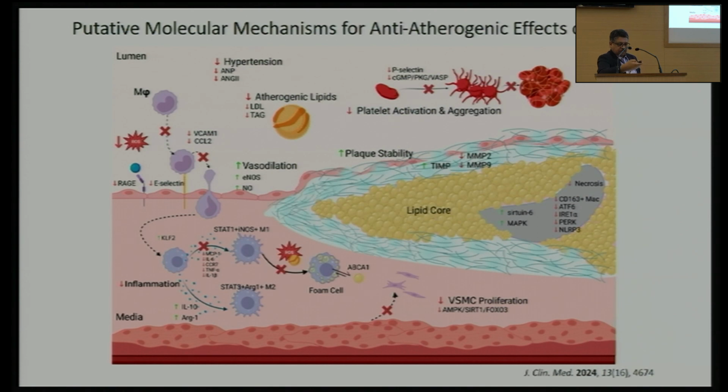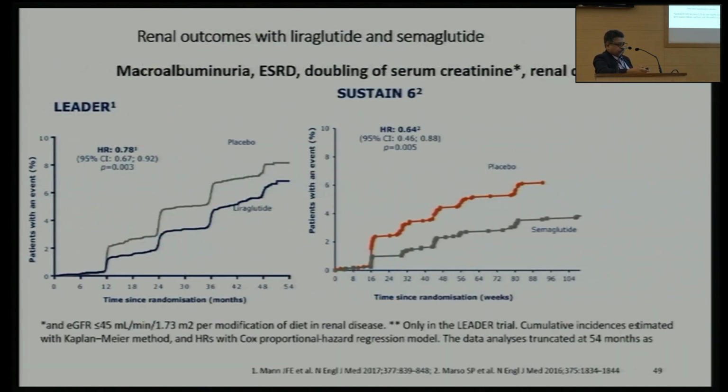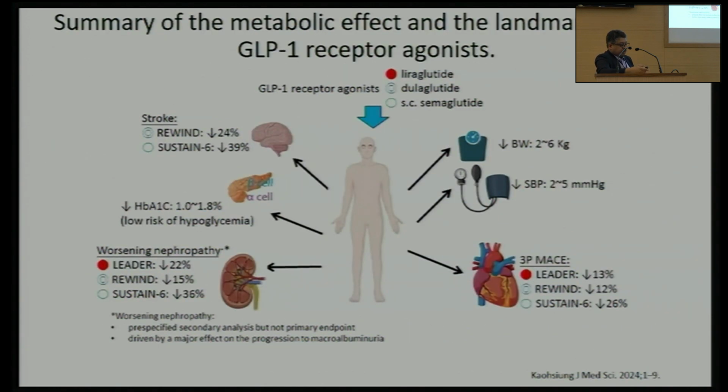As you told, the anti-atherogenic effect is also significant, and it reduces plaque formation and platelet activation. It is shown to be beneficial and reduces fibrosis, and both trials have shown significant benefit. The LEADER trial reduced nephropathy by 22% and 36%, and DIVINE by 15%.